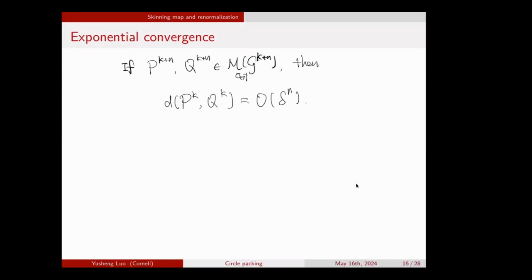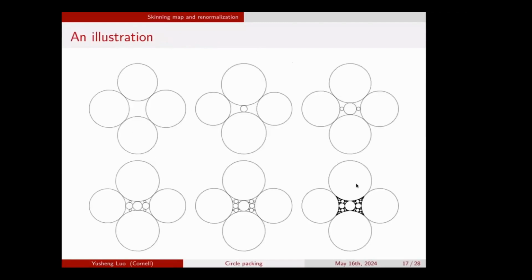Here, this P_k is the nth iterate of the skinny map on P_{k+n}, and Q_k equals the nth iterate of the skinny map of Q_{k+n}. Okay, so here is an illustration, which I think it's better to look at as a movie.